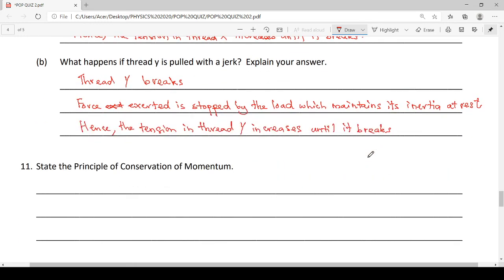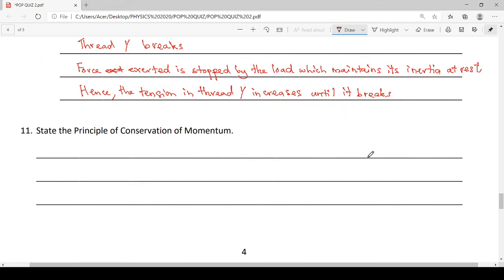Okay, we move on to question 11. State the principle of conservation of momentum.